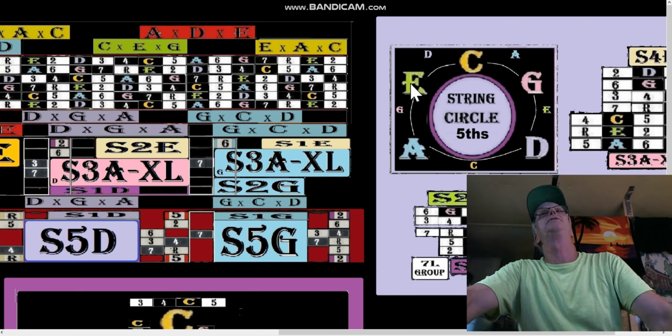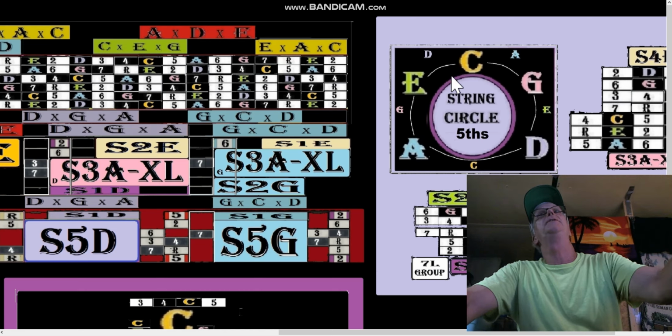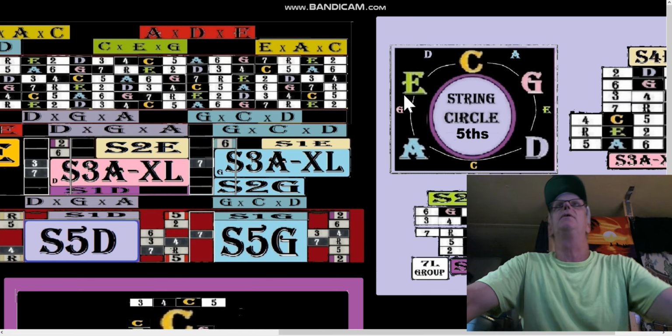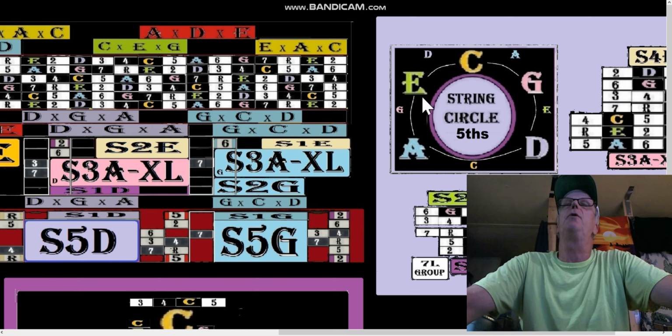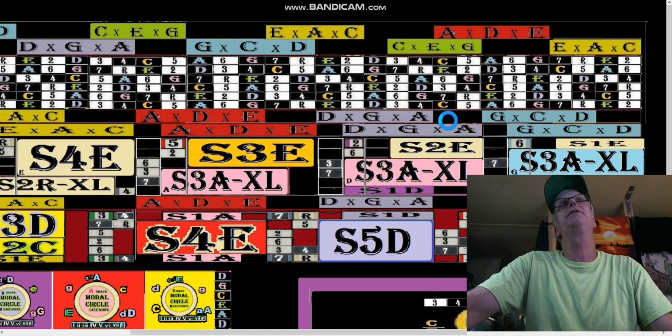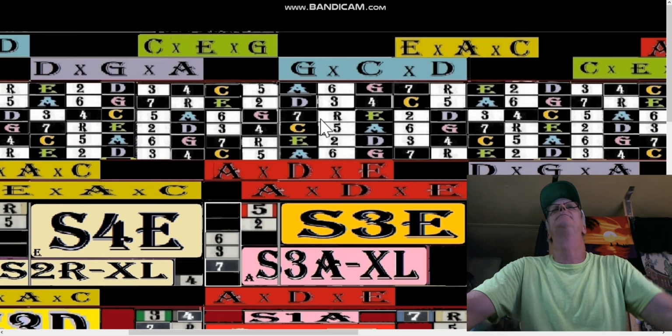Okay, so you'll see G to C, and then C to E. All right, so we go in string-shaped 4ths when we're going counterclockwise. So that's why we see what's going on here.